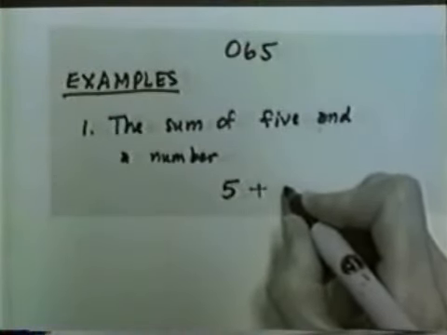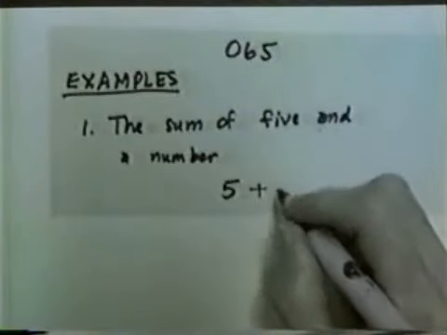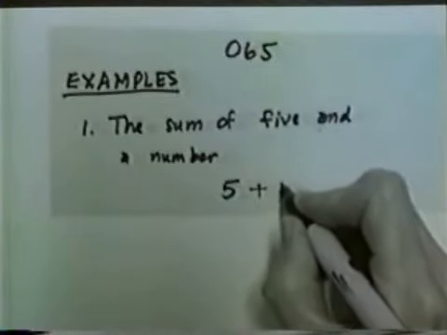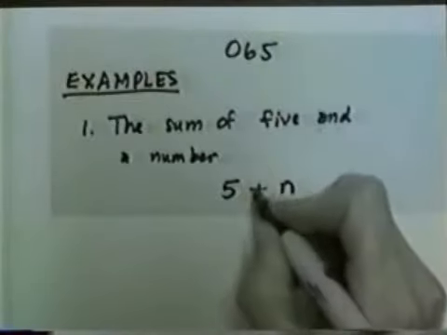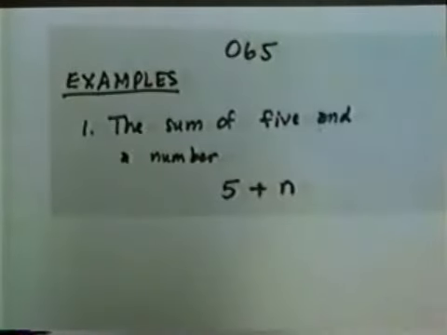Now, to stand for the number, we'll have to choose a variable. Let's use the variable n for number this time. And so we get 5 plus n. Now notice that this time the parentheses are not needed because all we're doing is adding. There's nothing else going on in the problem.